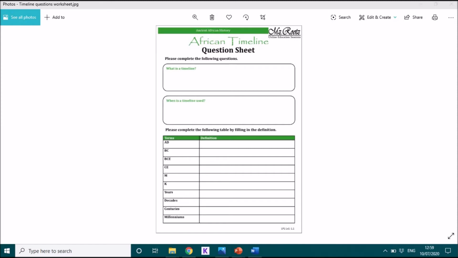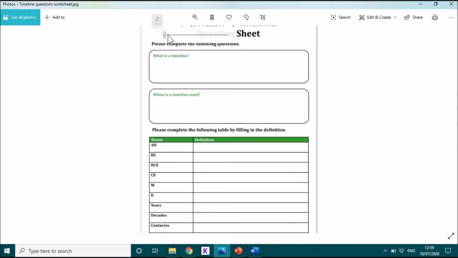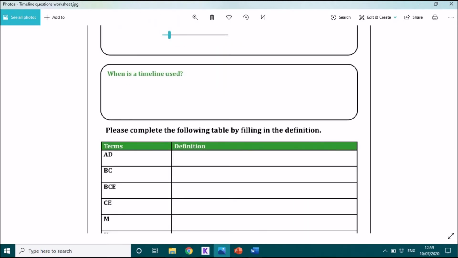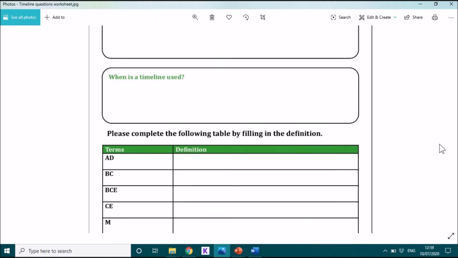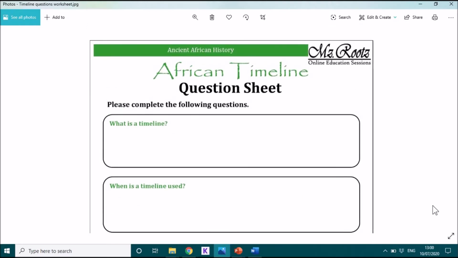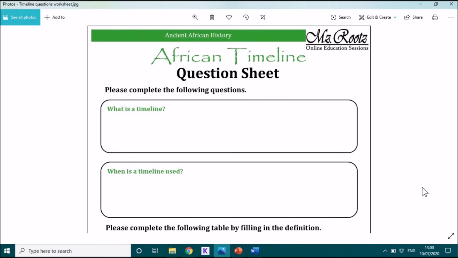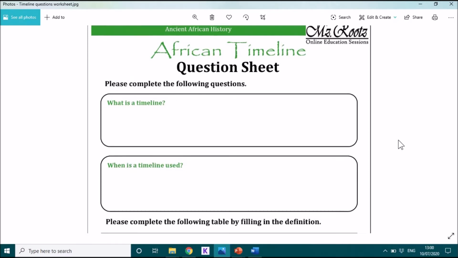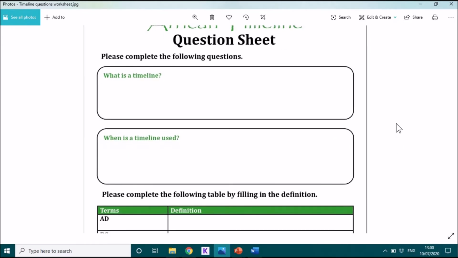Again, it's designed to embed literacy and enable your written and reading abilities. So it looks like this. You can print it, or you can do it electronically.